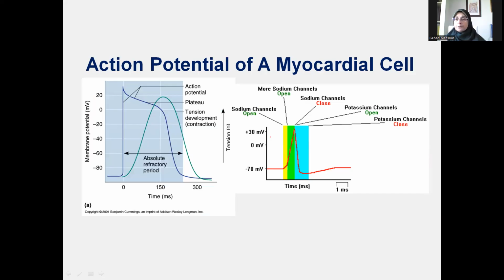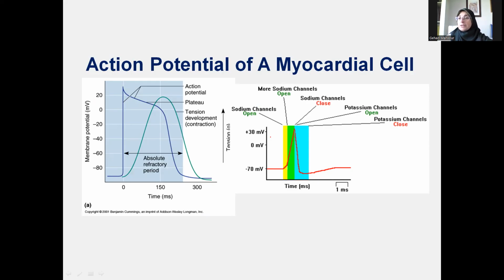An action potential is the response of the myocardial muscles to an adequate stimulus, and it consists of depolarization and repolarization. So it is essentially an electric response of the myocardium in response to an adequate stimulus. The stimulus should be adequate.